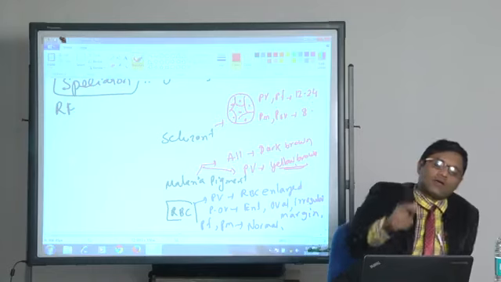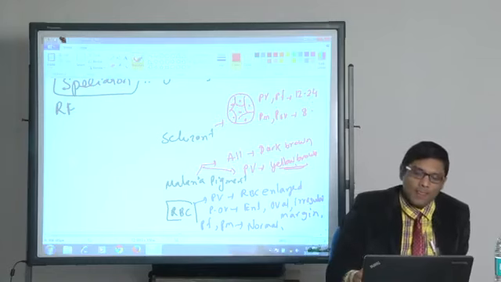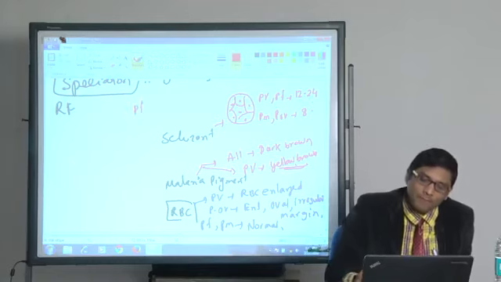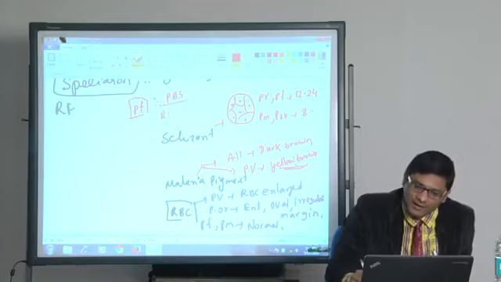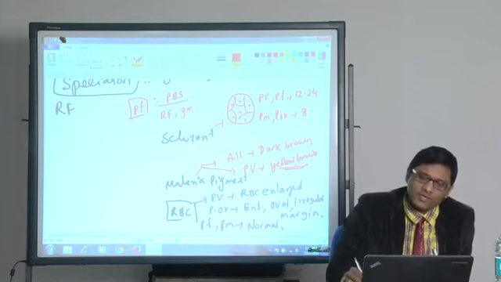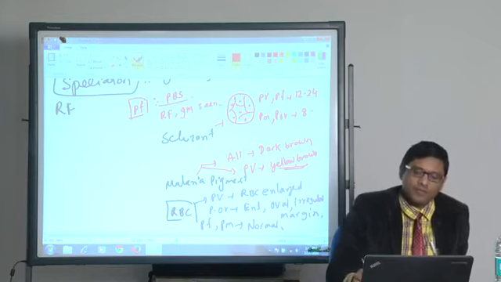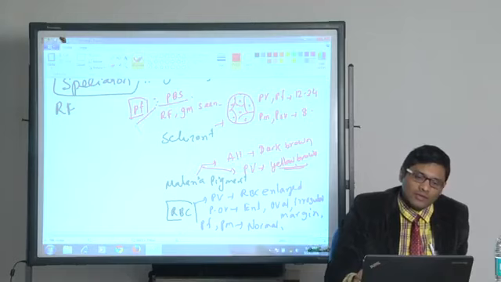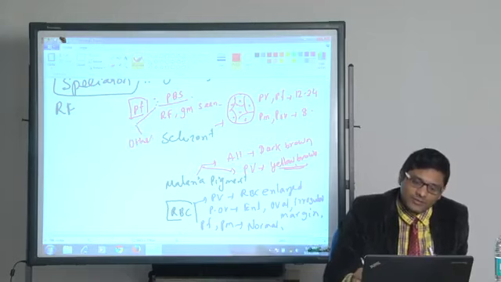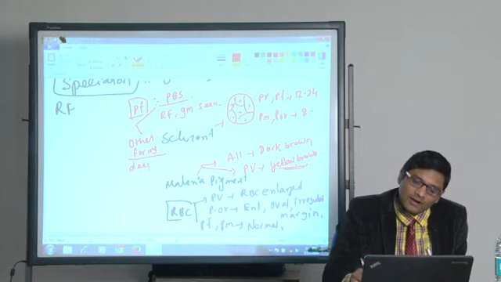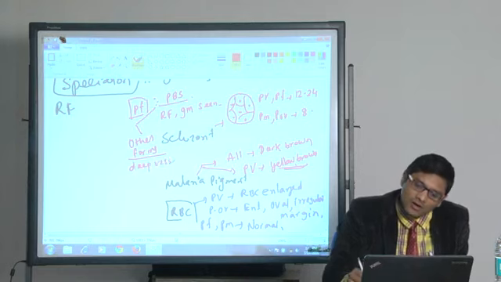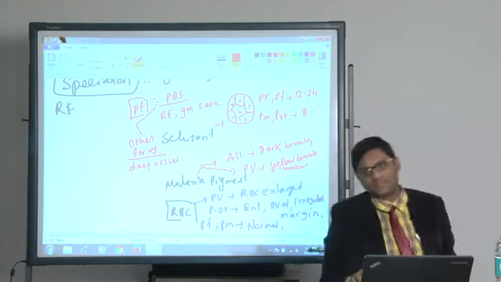And one more thing I want to emphasize here: in falciparum, in the peripheral blood smear examination only ring form and gametocytes are seen. The other forms are seen only in the deep vessels, not in the peripheral blood vessel.